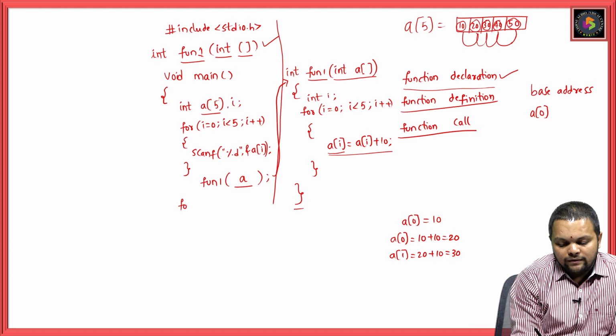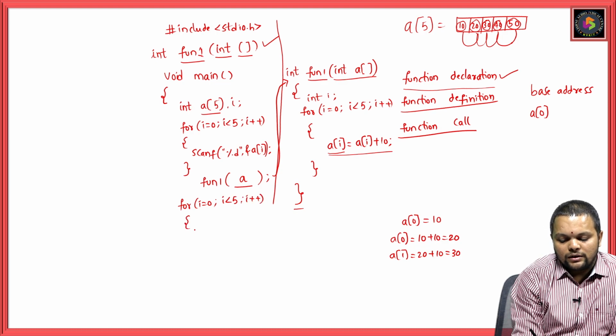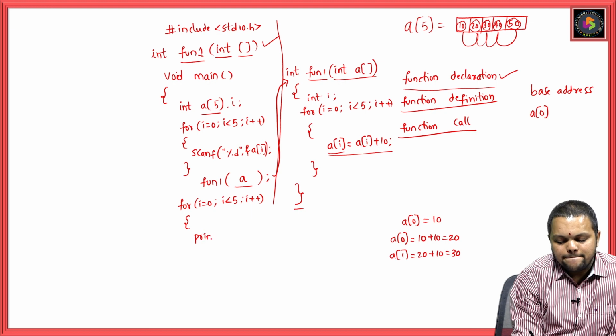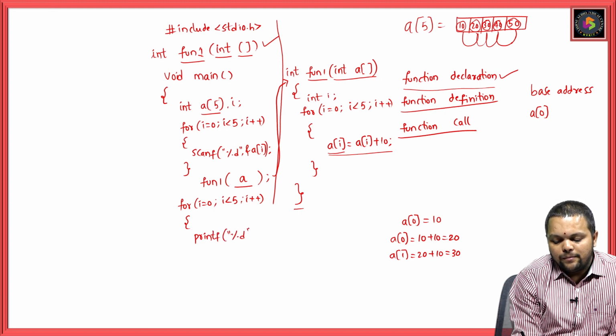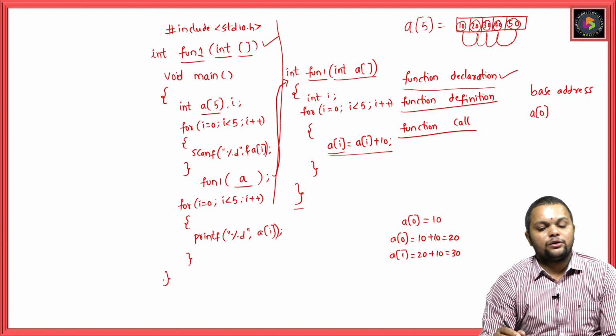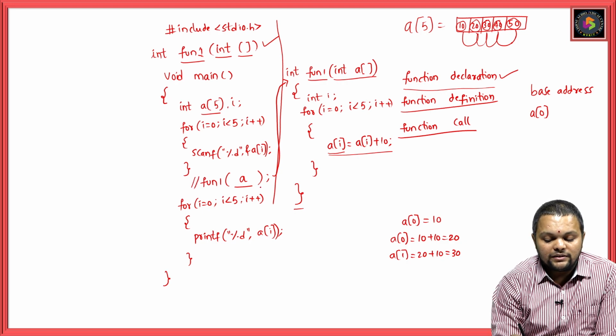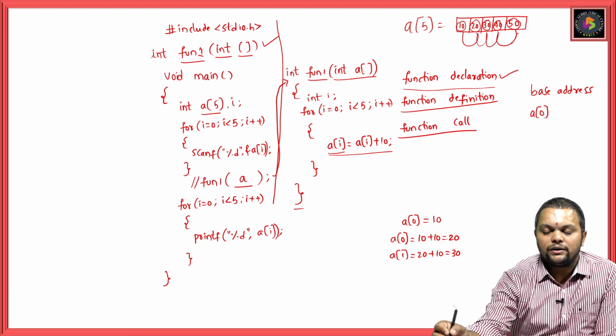So, now what I will do again, for i equal to 0, i is less than 5, i plus plus. I will just give printf percentile d a of i. So, what it should print? If I am not having the statement function 1, so I will make this a comment now. If I am not having this statement, this should print the answer 10, 20, 30, 40, 50.